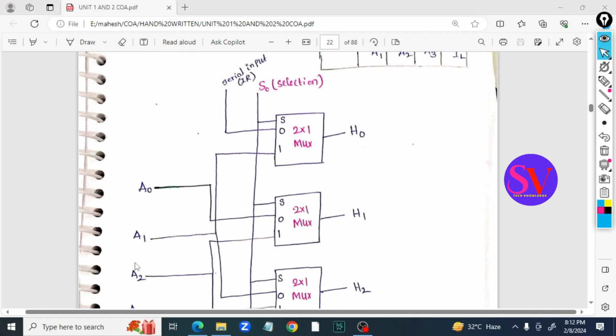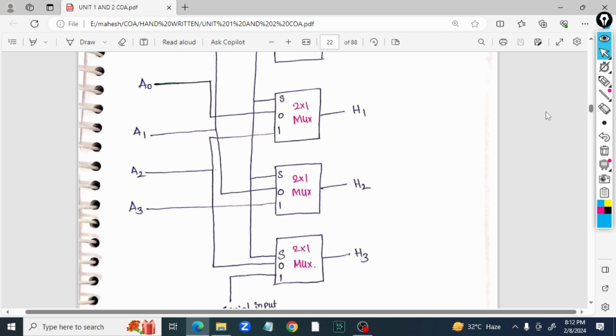One bit will be taken as input, and the selection line will be taken as input. So I am taking a 2 by 1 multiplexer, which takes 2 inputs and gives 1 output, either H0, H1, H2, or H3. Like this, the hardware implementation will be there.